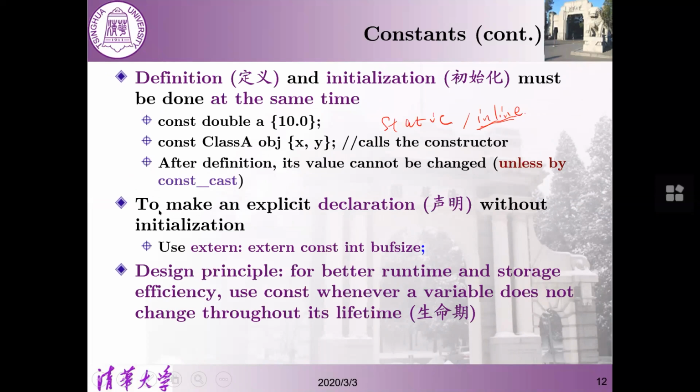Okay, so using these const variables, when we define a const variable, we also need to initialize it. This is grammar. Because const is read-only, right? We learned that const is read-only, so we have to initialize it when we define it.